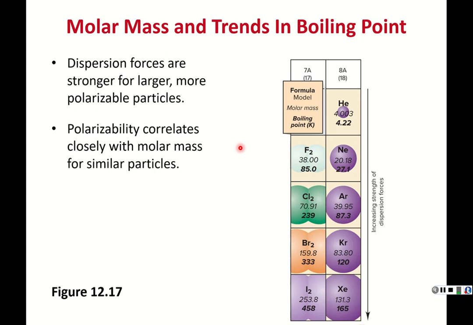Well, boiling point here shown in bold should increase, right? If you're getting bigger as you go down a group in the periodic table, your dispersion forces should be getting bigger, and that intermolecular force being stronger should make the boiling point go up. And so that's what we see. These bold numbers are increasing as you go down the groups.